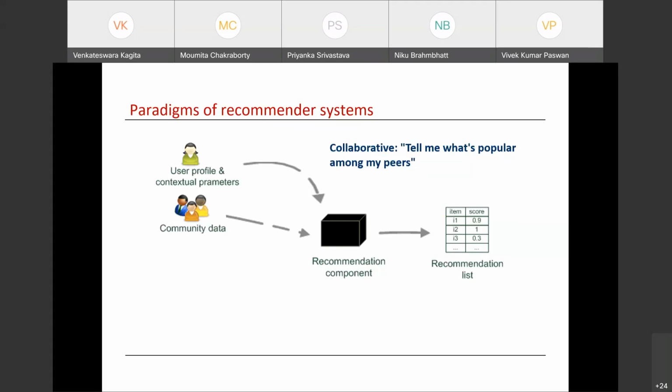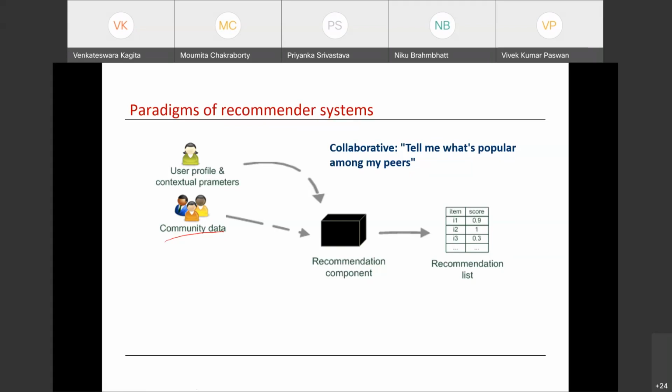Collaborative filtering systems pick up what is popular among the peers. Okay, so it considers the similar users and picks up the items that are popular among the similar users. Right, the one we have seen, right? The Coke example in the very first line. So that is an example of the collaborative filtering technique. So for this, community data is required.